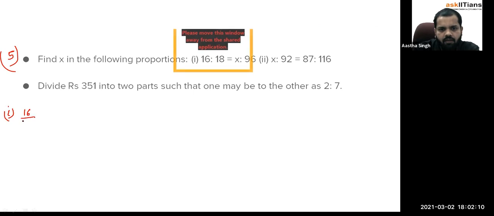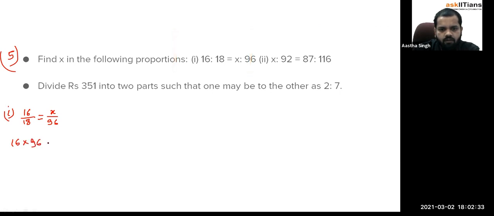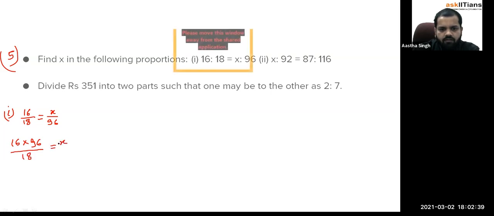16 divided by 18 is equal to x divided by 96. Find the value of x. I have already told you, for proportion, just cross multiply: 16 into 96 upon 18 is the value of x.